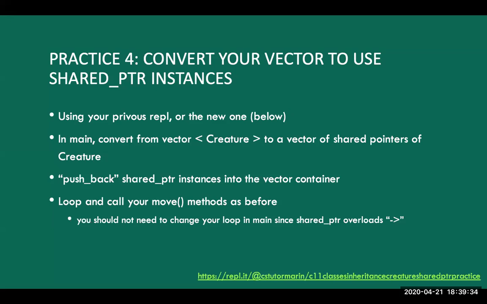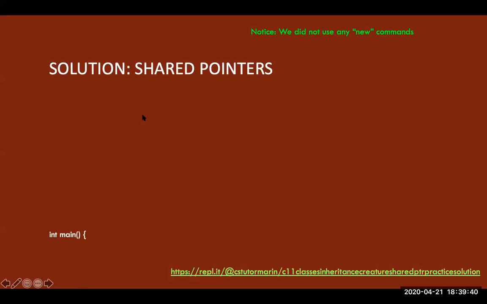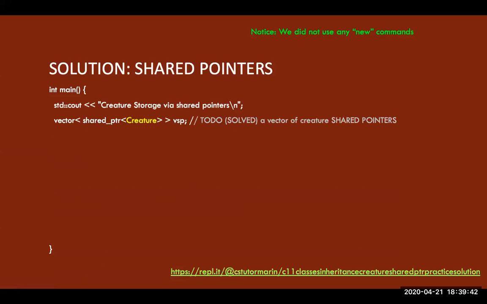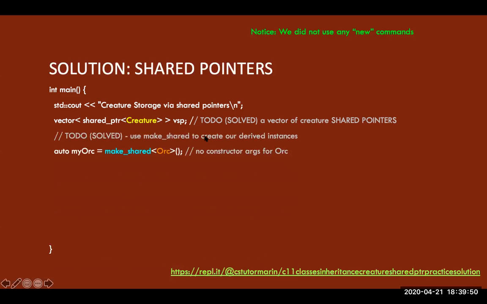Okay, so let's look at that one. It's a pretty straightforward conversion, but good to practice it. So here we've got our shared pointer of creature inside of our vector, right? So VSP there. And then we can create a shared pointer instance myOrc here, which is an instance of the shared pointer class.